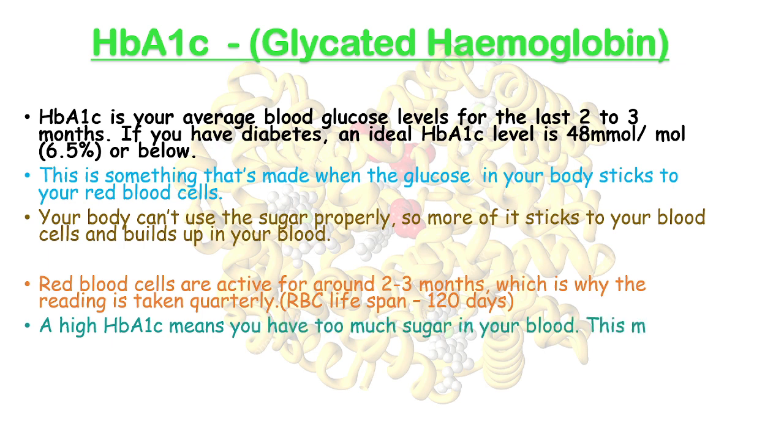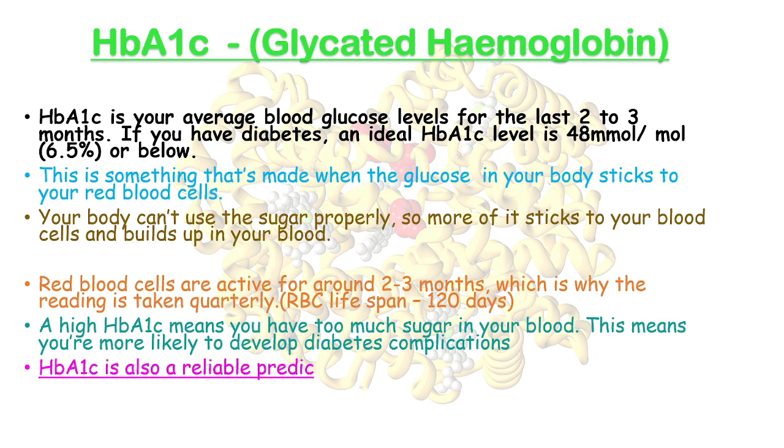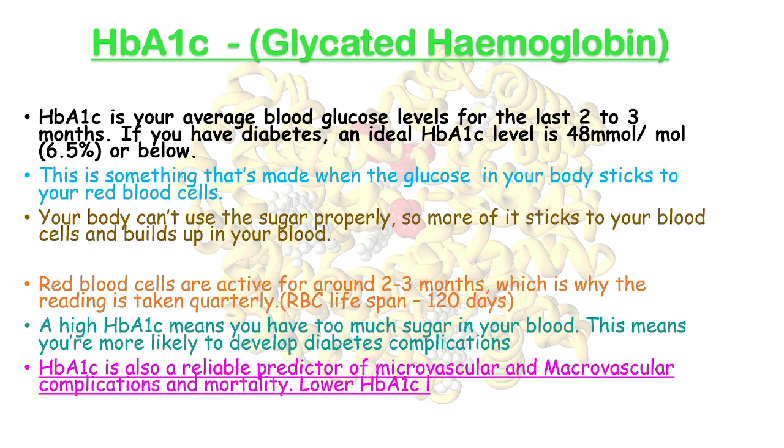A high HbA1c means you have too much sugar in your blood. This means you're more likely to develop diabetes complications. HbA1c is also a reliable predictor of microvascular and macrovascular complications and mortality. Lower HbA1c lowers the risk of vascular complications.